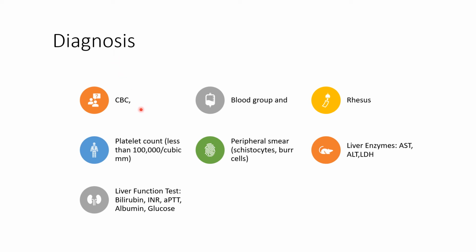Diagnosis. Can make diagnosis with complete blood count, blood group, and rhesus factor. Platelet count less than 100,000 per cubic millimeter. That is thrombocytopenia, right? Low platelets. Peripheral smear will show schistocytes and burr cells. Liver enzymes will reveal AST, ALT, LDH, and then liver function test will reveal bilirubin, INR, APTT, albumin, or glucose.